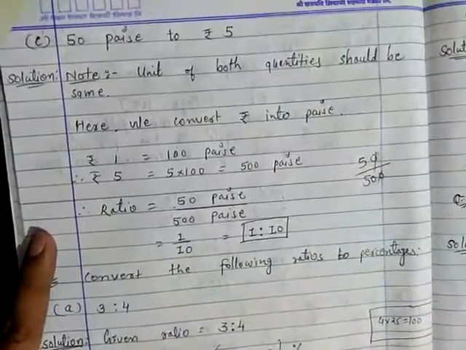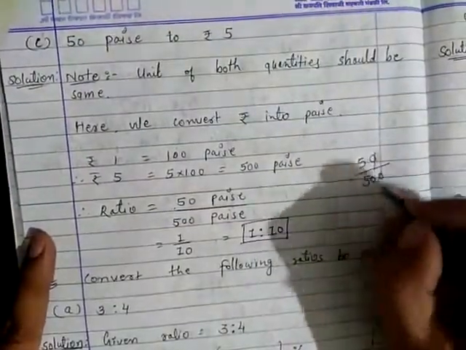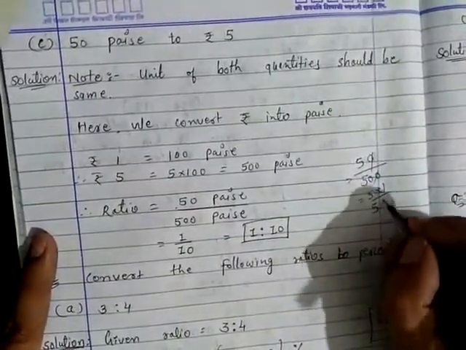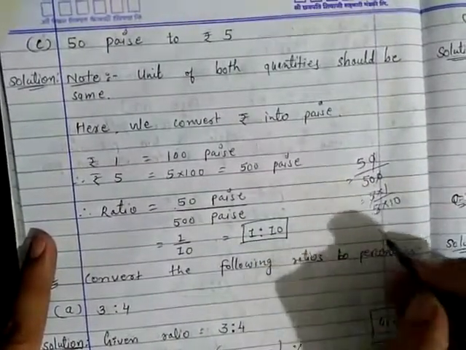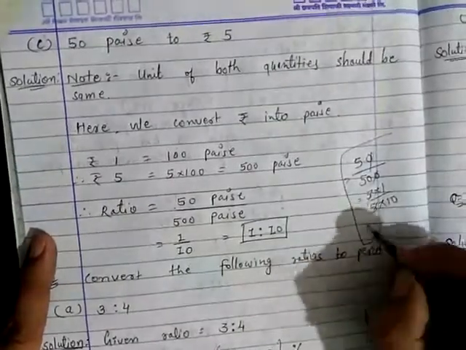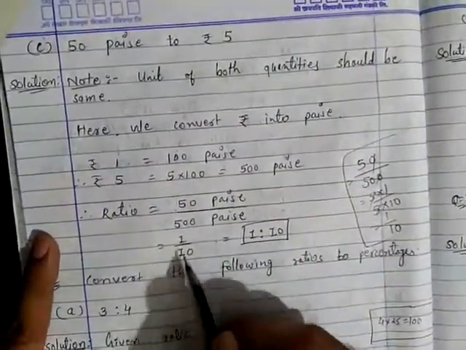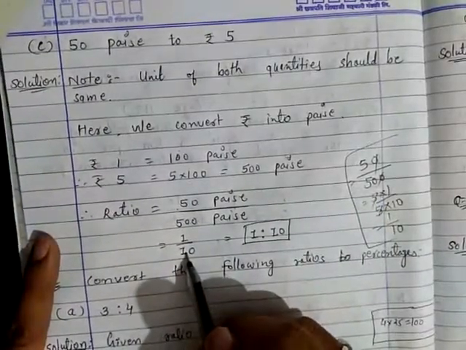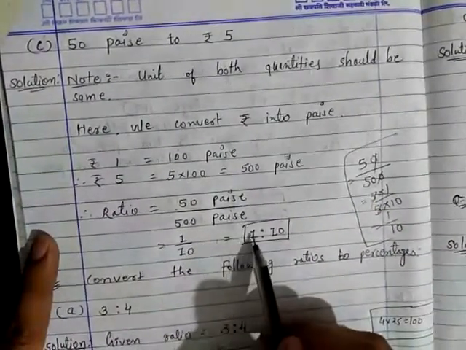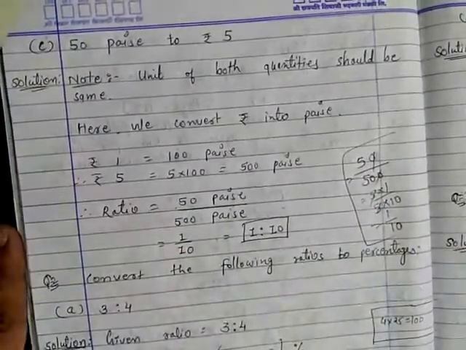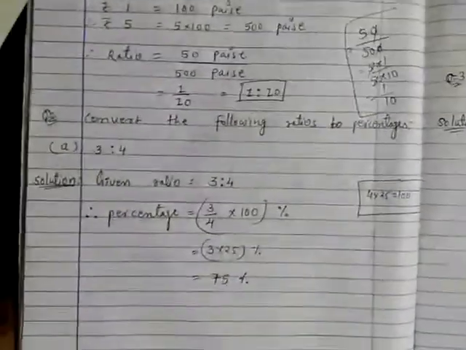The factor of 5 is 5 into 1 and the factor of 50 is 5 into 10. So 5 is common in numerator and denominator. Which fraction is remaining here? 1 upon 10. This is the fraction form. So we write in ratio form 1 is to 10. Okay students, understood?